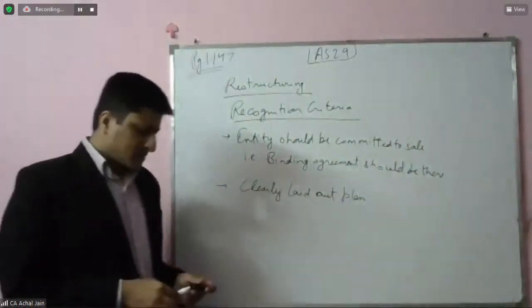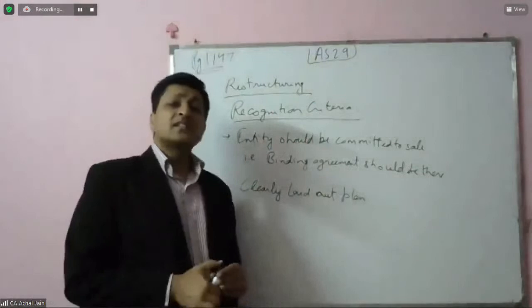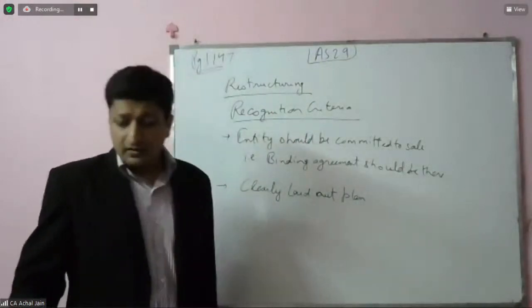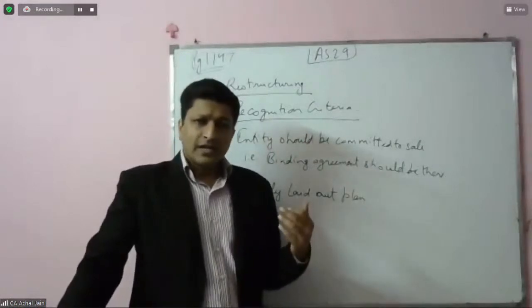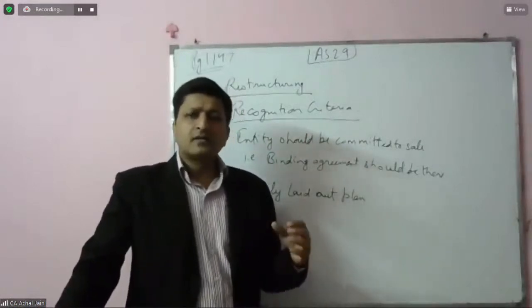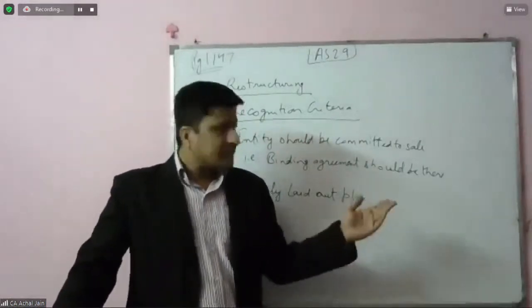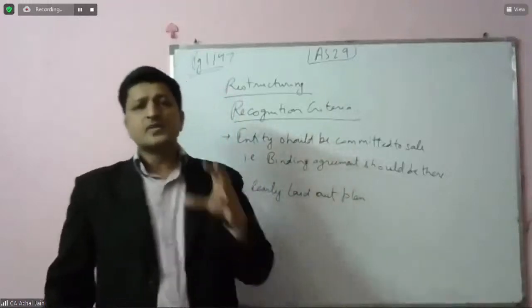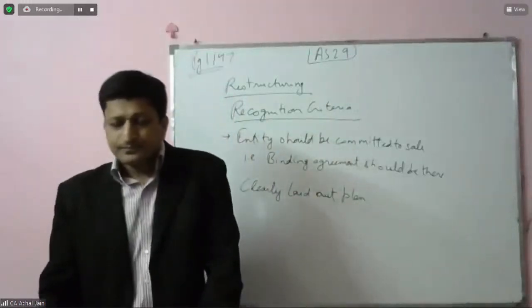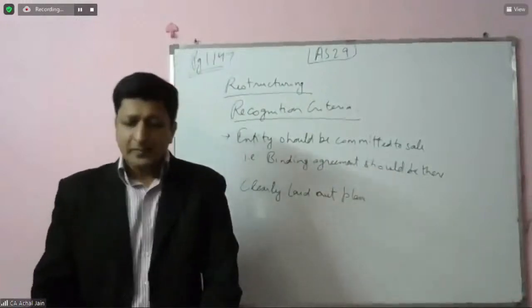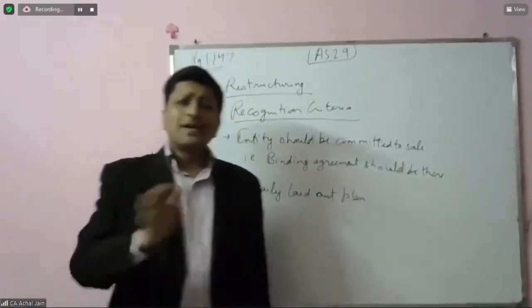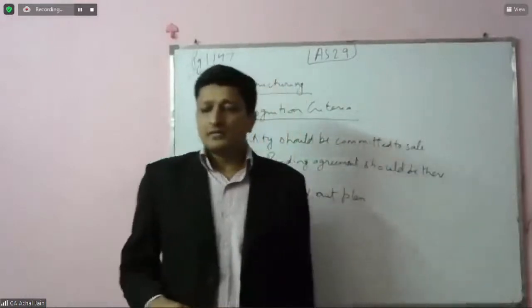See, let's suppose an entity is thinking, I'm saying thinking, that let's dispose of this plant B. So in our example, this third line of business, I'm just calling it plant B, or say trading line B. Let's dispose of this trading line B. But internally, nothing has been done.